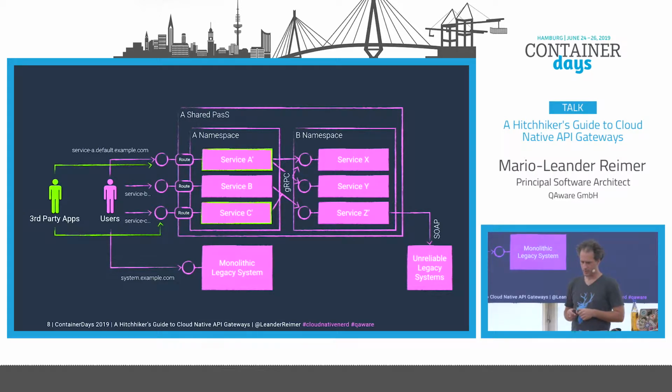Also, there's one service that needs to talk to a pretty unreliable backend system. If you talk to this backend system too much, if you have too many concurrent connections, the system will go down, for example. Not so good. The system is not there a lot of the time. Long timeouts. Sometimes it takes 7 seconds for the system to respond.